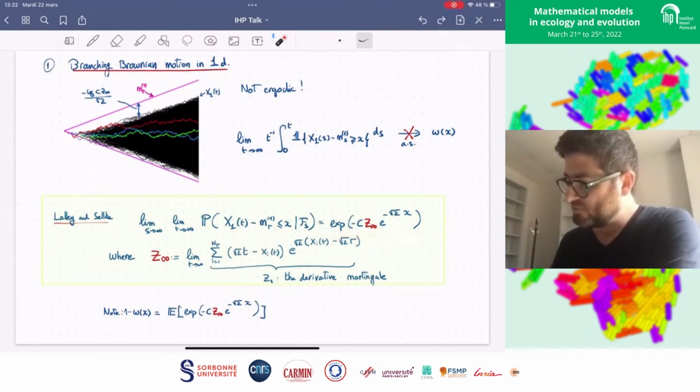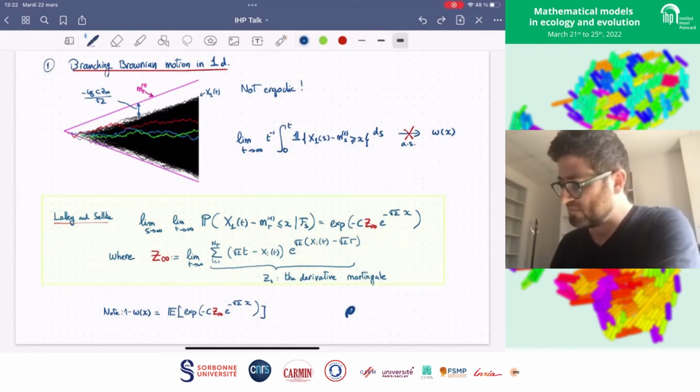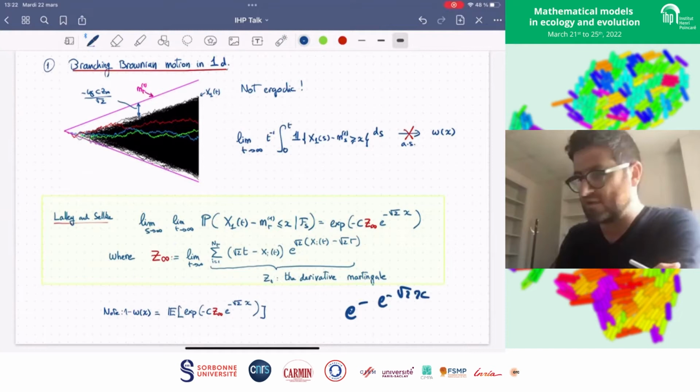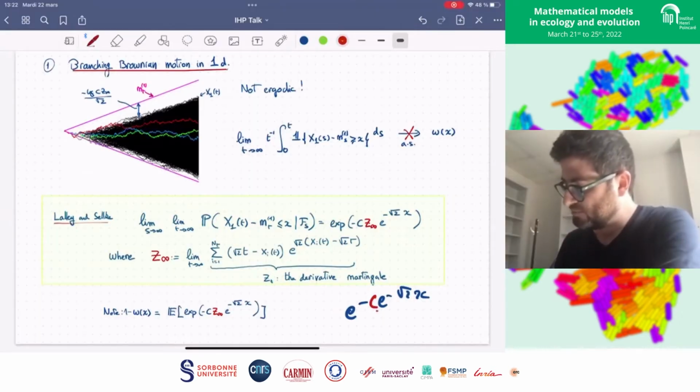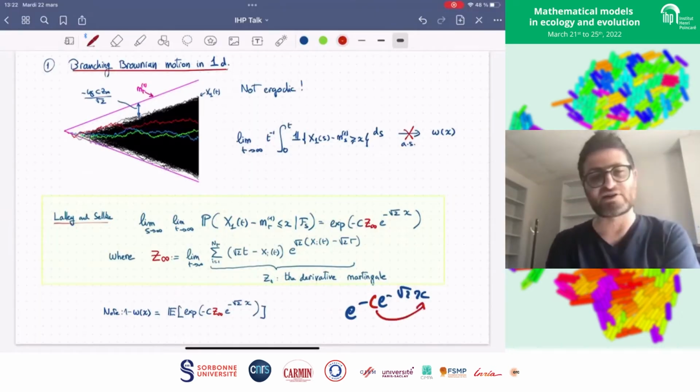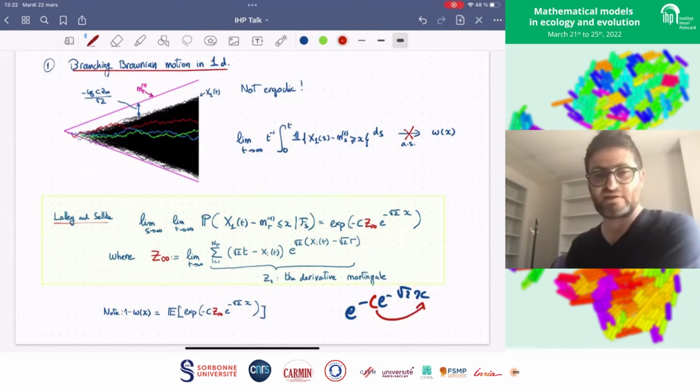When you have something like e to the minus root 2 x, that's 1 minus the CDF of a Gumbel distribution. The fact that you put a constant in front just shifts the Gumbel, because you can put it through a log, put it in the argument, and just shift the argument.